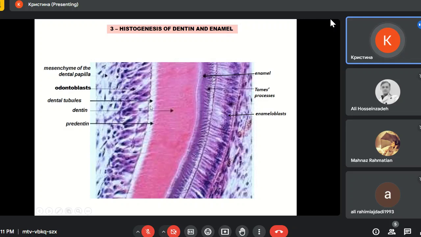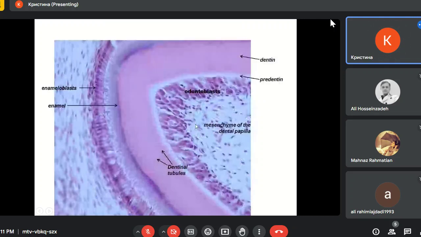This lighter area is pre-dentin, which is non-mineralized dentin, produced by odontoblasts, whose cell bodies are located at the periphery of the pulp of the tooth. But their apical processes, seen like light lines, go through the entire thickness of the dentin towards the dentin-enamel junction.